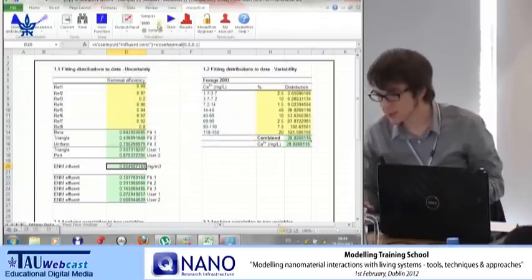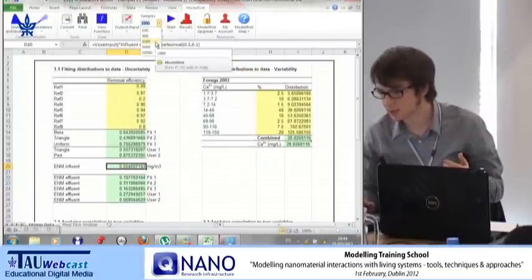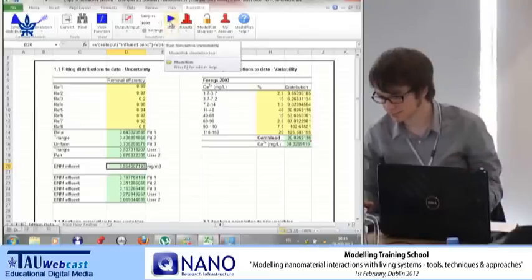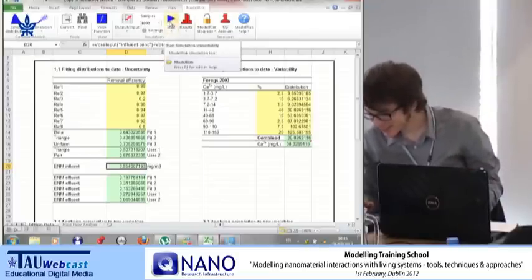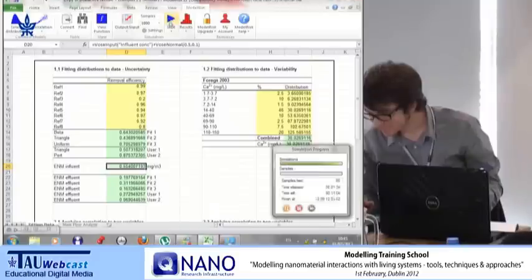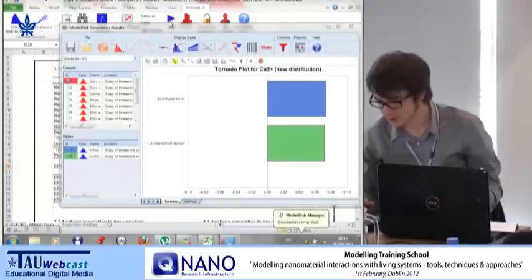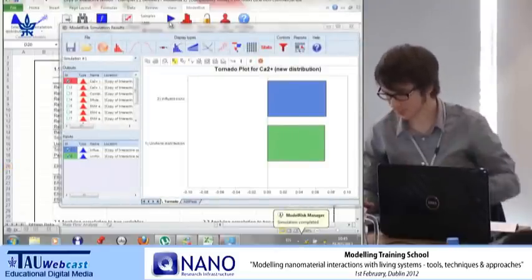You can see here how many samples, how many times you want to run. We'll do 1,000, and we're going to run this. It's very simple, so it's very quick.